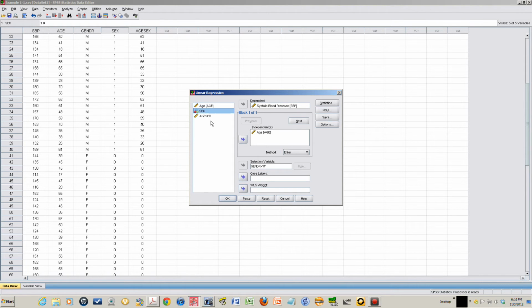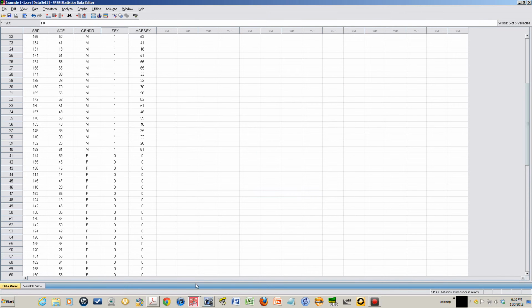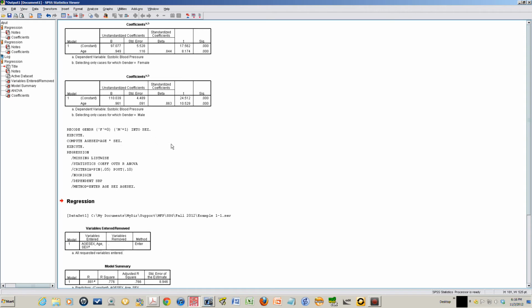I move sex and interaction also as other independent variables. So we have 3 independent variables here. I have to remove that selection variable, so highlight that and click on that arrow, it's gone. So I'm ready to run that multiple regression by clicking OK. And that gives me the output.